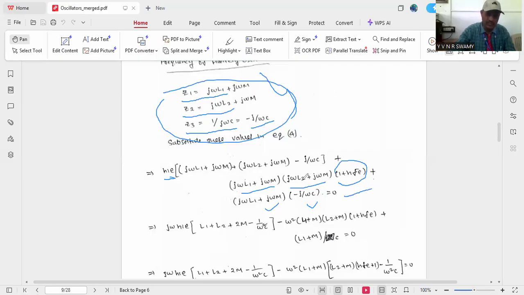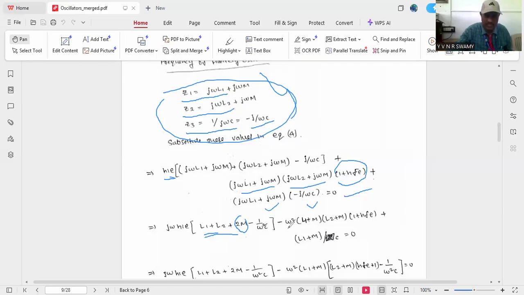Now simplify this equation. Then we'll get j omega HIE (L1 + L2) minus 1 by omega square C. This M we are neglecting in the initial itself.